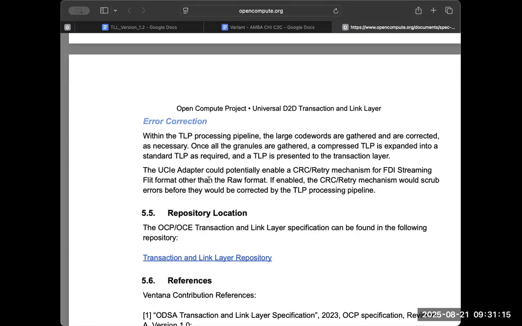But if the UCIe adapter layer does enable the CRC retry, then all of the error correction would happen outside of our forward error correction. So we have an overhead in what we're communicating, but the ability for it to recover from any kind of errors really relies then on the CRC retry mechanism.